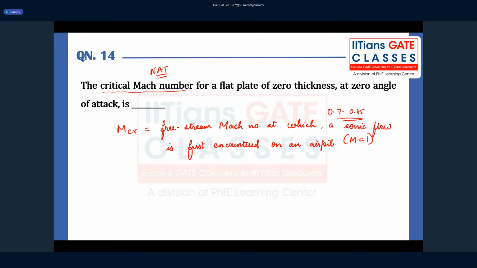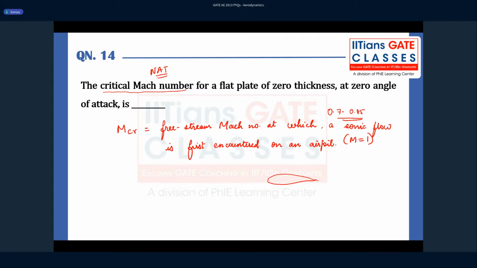When you have an aerofoil and keep it in a subsonic flow, let's say where the Mach number is of the order of around 0.8, 0.85, what will happen, guys?